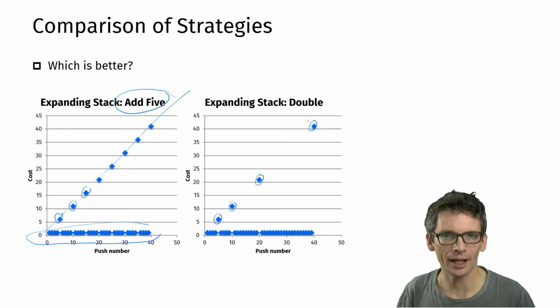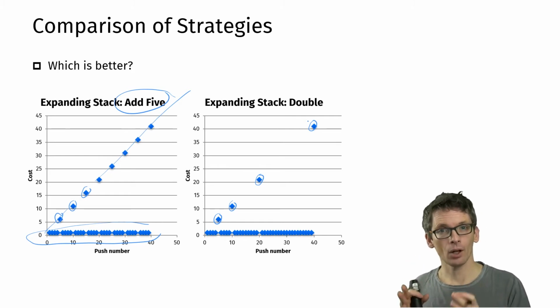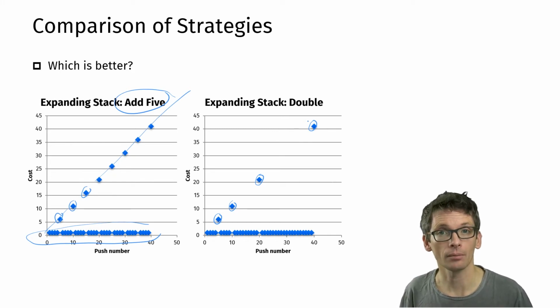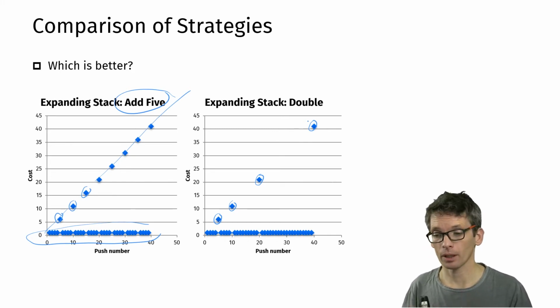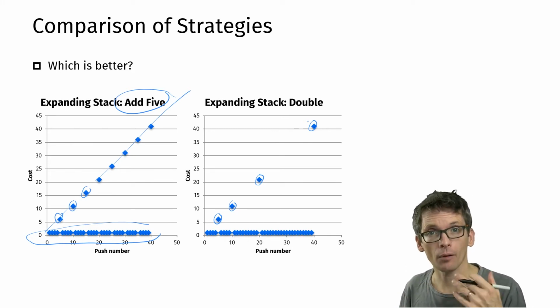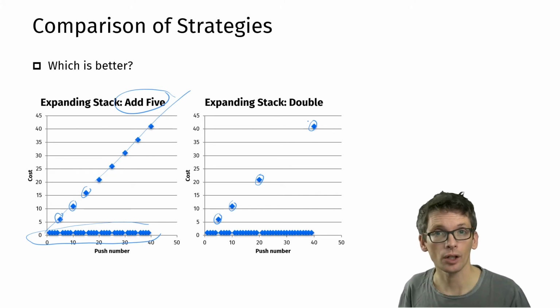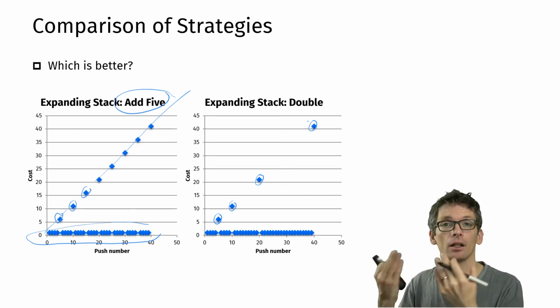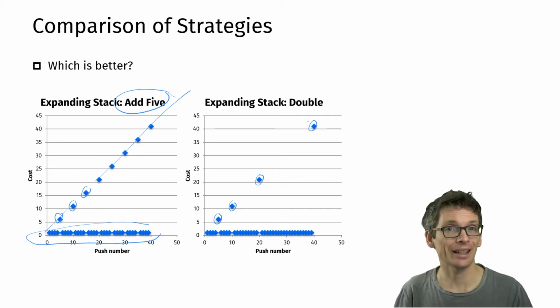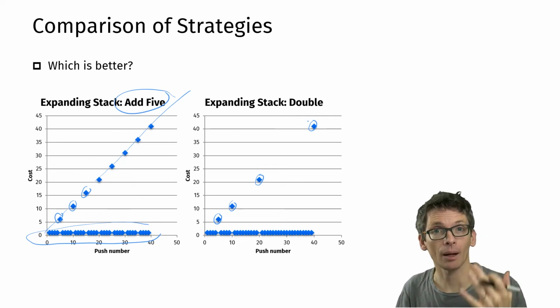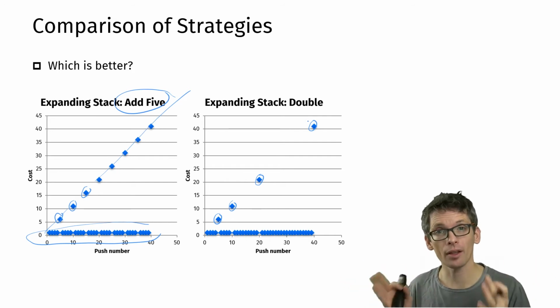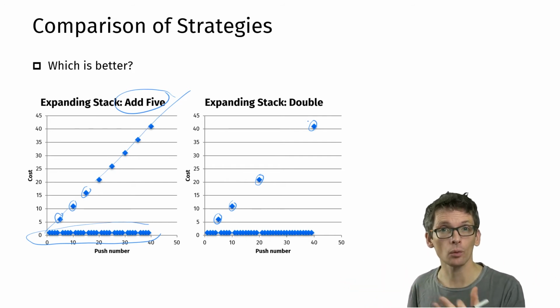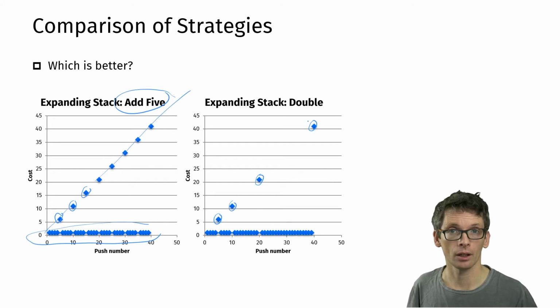When we need to decide which algorithm to pick, we often look at the worst case running time. So here the question would be, what is the worst case running time of push if I use the incremental strategy? And that is linear. But then again, if I ask what is the worst case running time for push for the doubling strategy, it's also linear. So this does not allow us to distinguish between those two strategies.